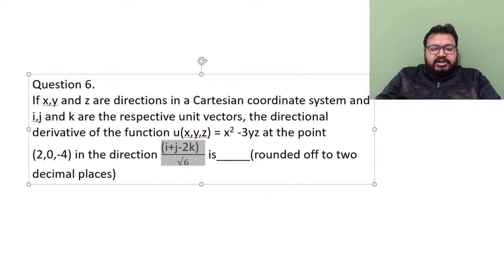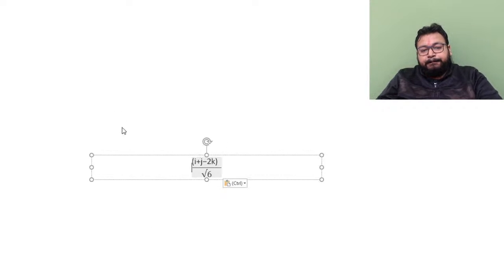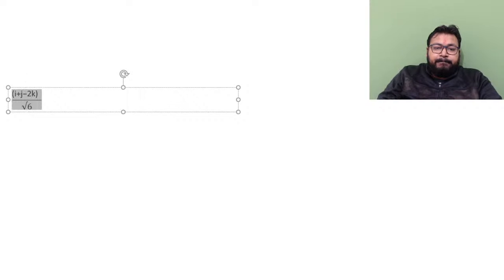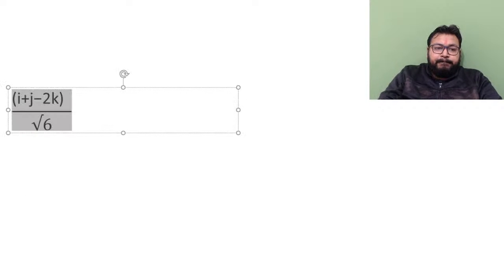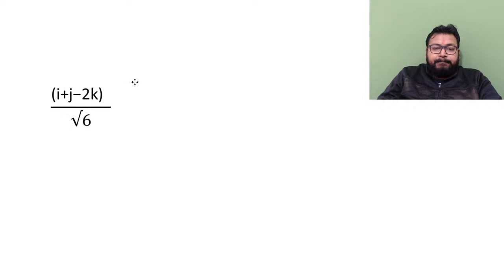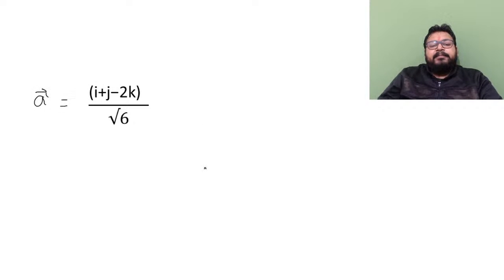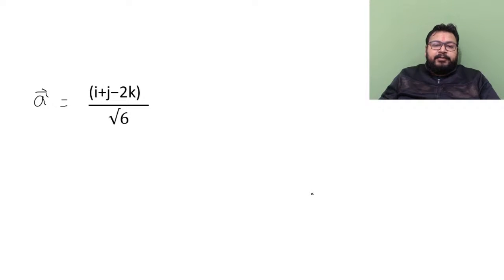So that is your direction A. So this is vector A, in the direction of which there is a need to determine the value.